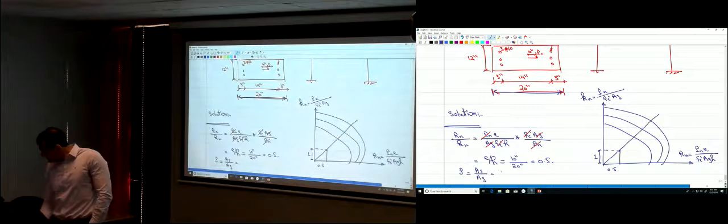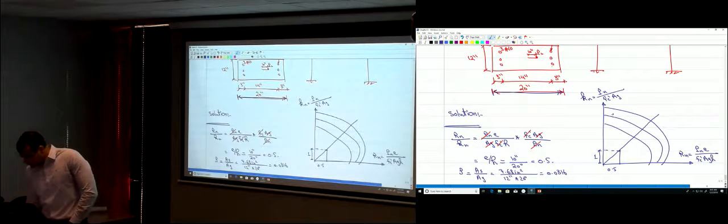The area steel was 6 number 10, which gives you an area of, let's see here, 7.68 inches squared, divided by area gross, which is 12 inches by 20 inches. So rho is 0.0316.